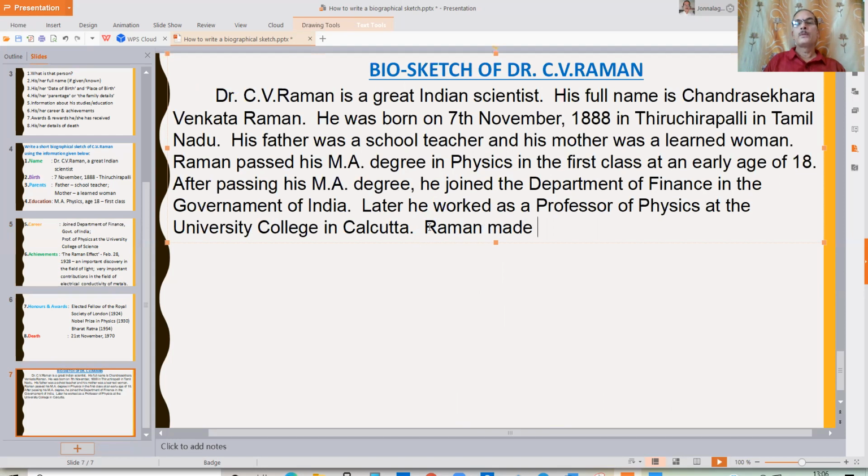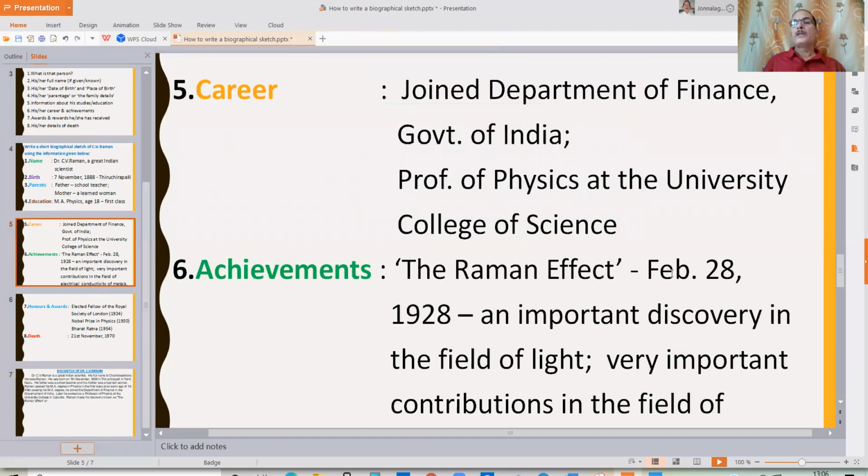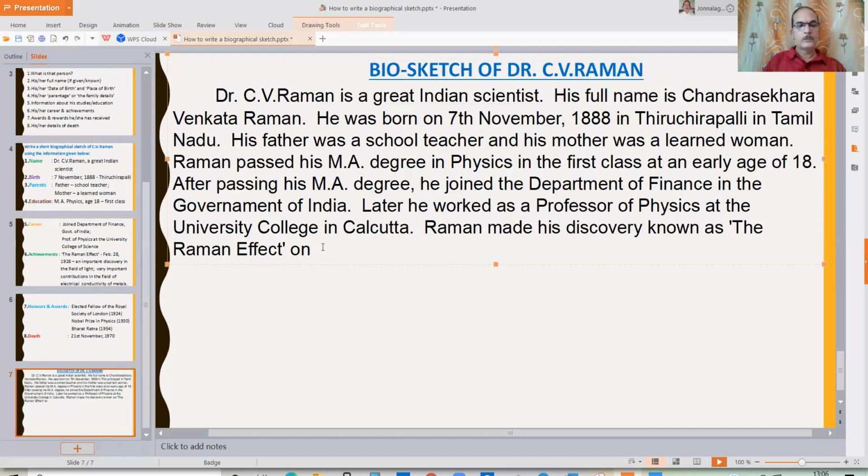Raman made his discovery known as, or called, what is it called? The Raman effect. When did he make it actually? On, let us look at the hint, February 28, 1928.